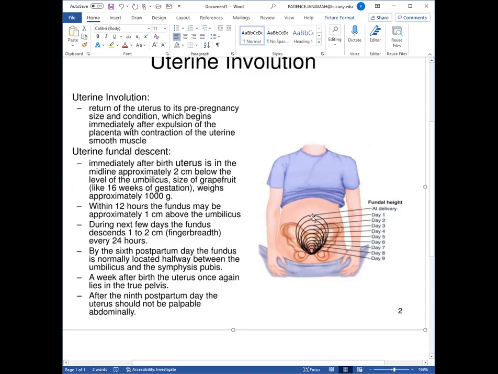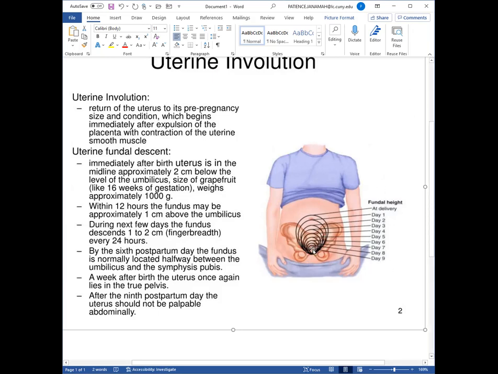So after delivery, it starts coming down. When you measure the fundal height, you expect to see a lesser number than when the mother was 27 or 28 weeks. You expect it to start coming down that way. And after 10 days, it goes back to its normal size.